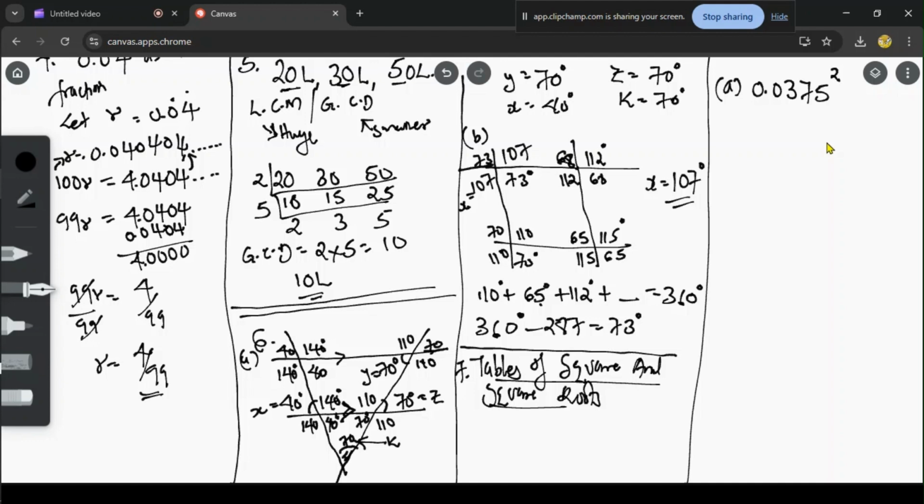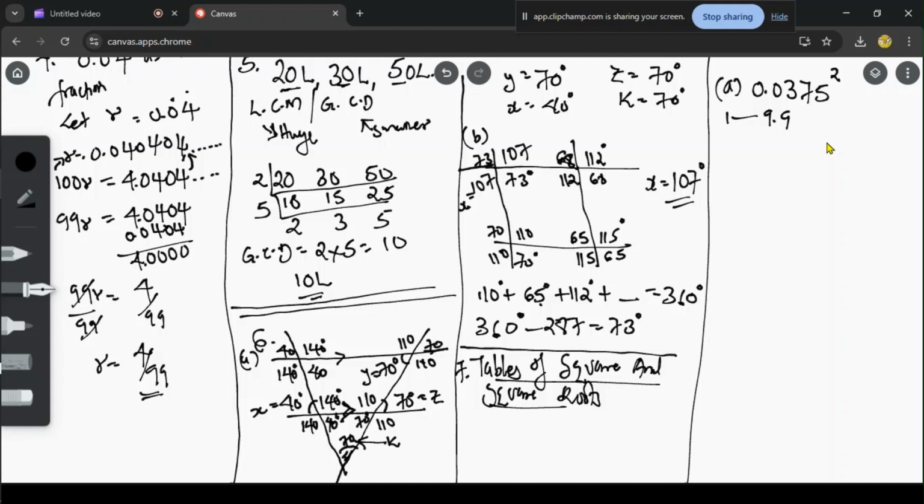This number is too small, it's 0.0 something. So I have to make this number fit. I will move the decimal so that the number lies between 1 and 9.9.